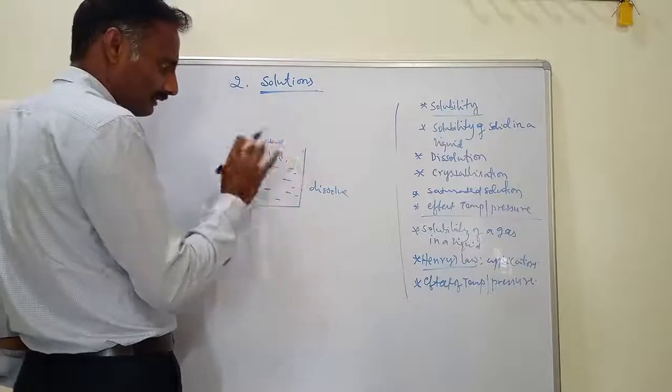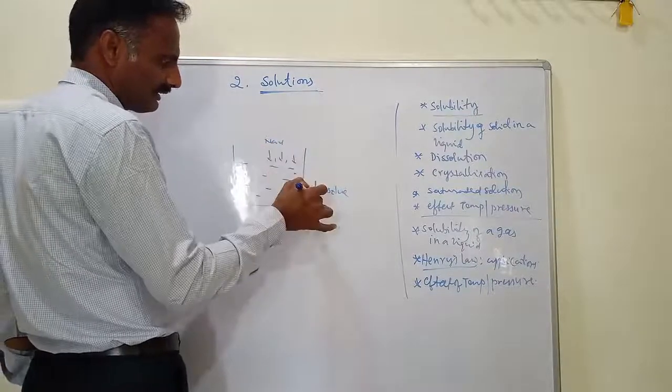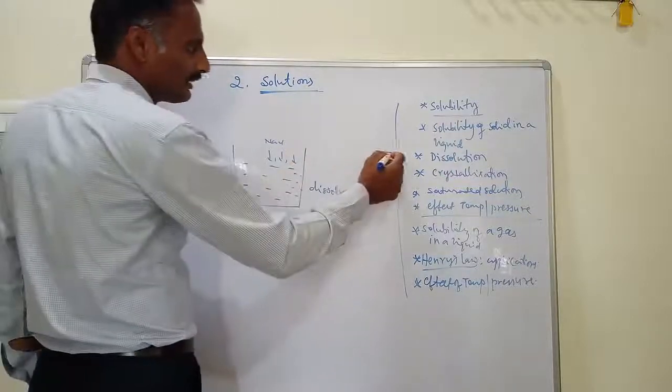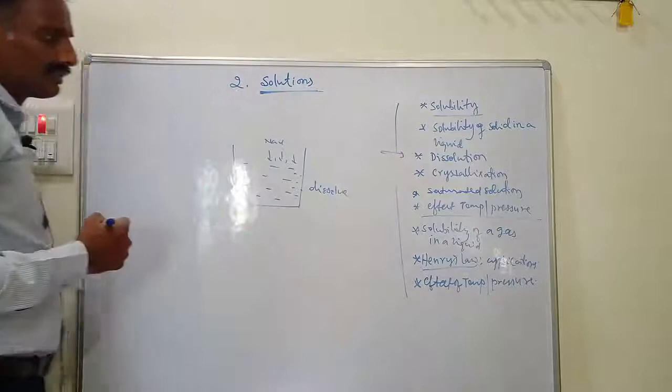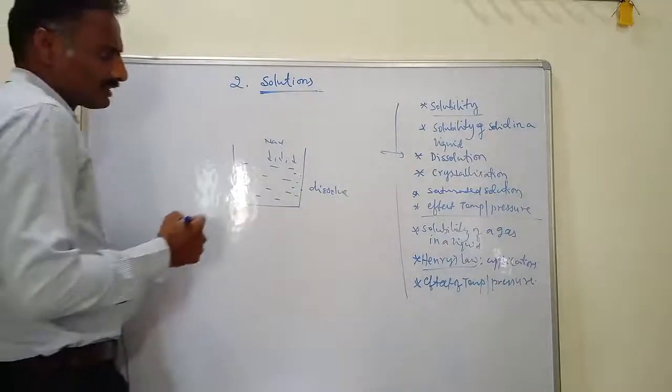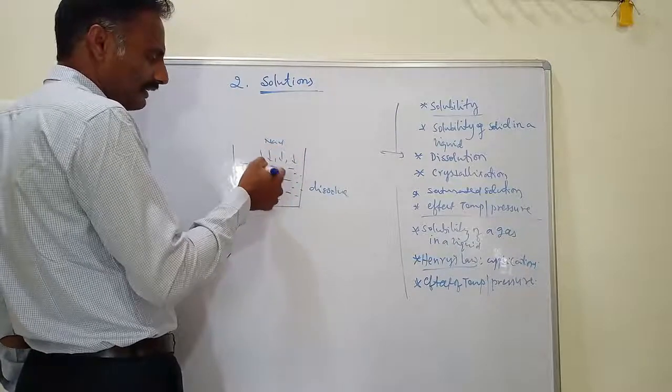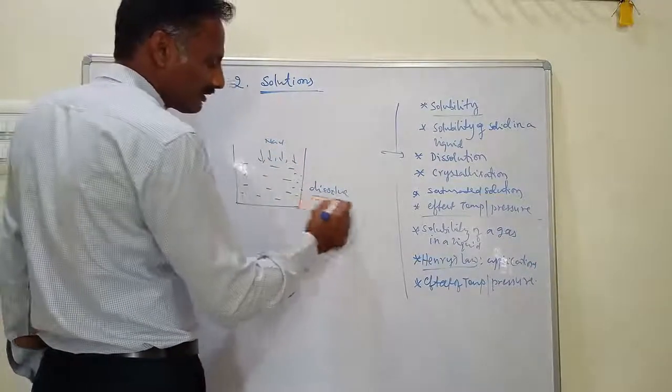The process of solubility of NaCl in water or in a suitable solvent is called dissolution. Dissolution means when the solute is added into a solvent, the solute dissolves in that particular solvent. That process is called dissolution.